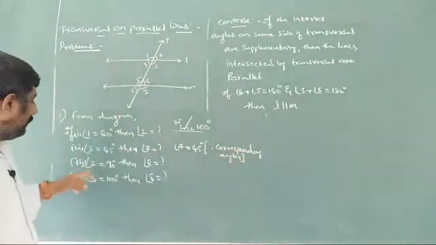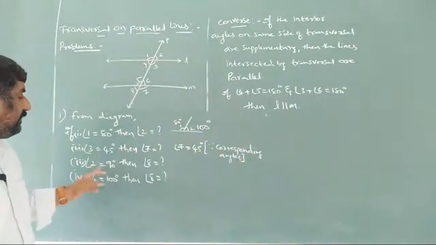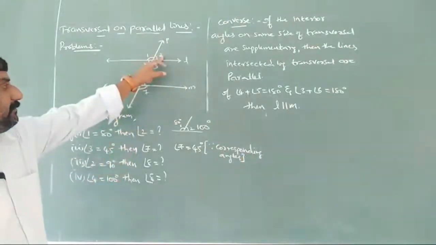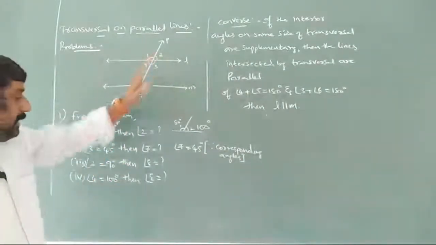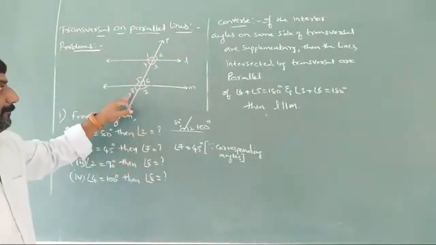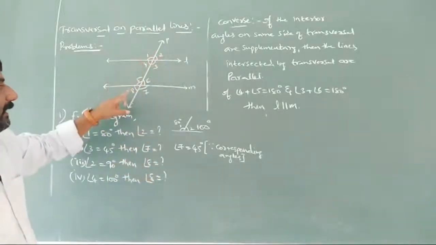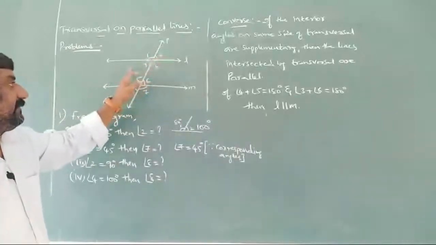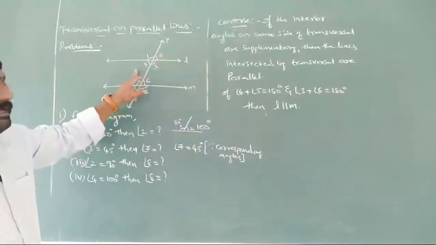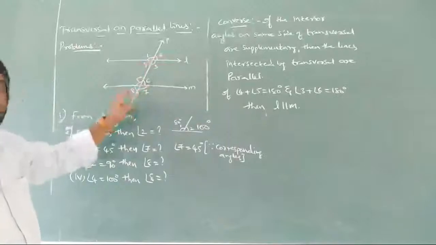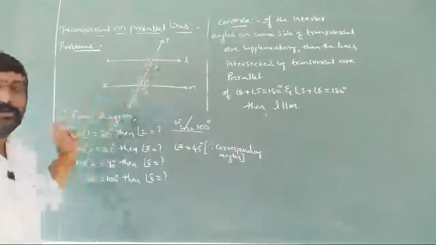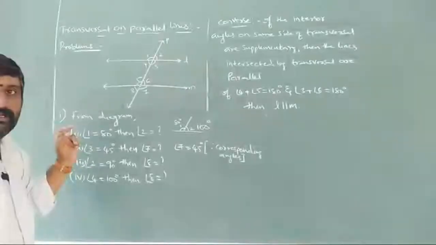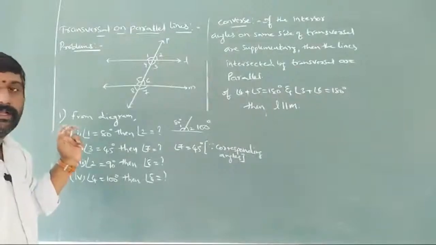Next, third question. Angle 2 is 90. Here we have, this is 90 degrees, assume. And then what about angle 8? Angle 2, angle 8. What are these? These are on different sides, either side of the transversal, at different vertices, and both are exterior. So we can call these alternate exterior angles.